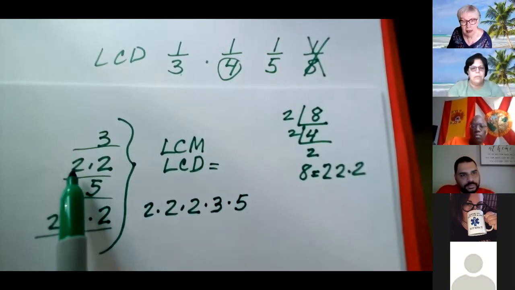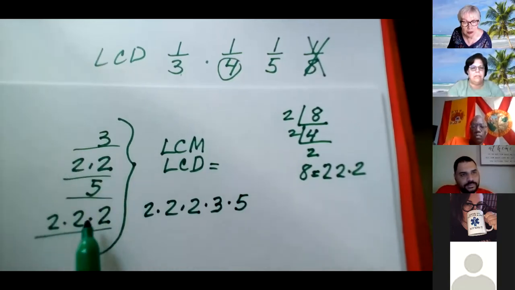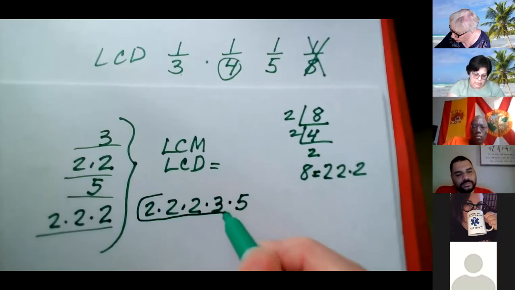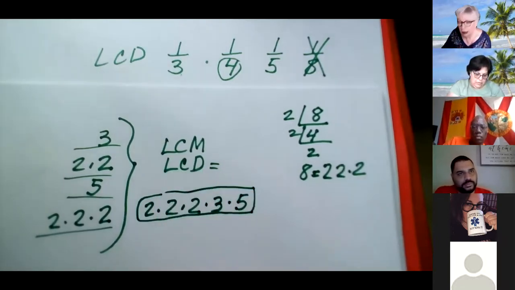So I didn't need to take all of these twos. There's 5 of them, 3 here and 2 there. I just had to take the one that had the most. And so this is my common denominator.